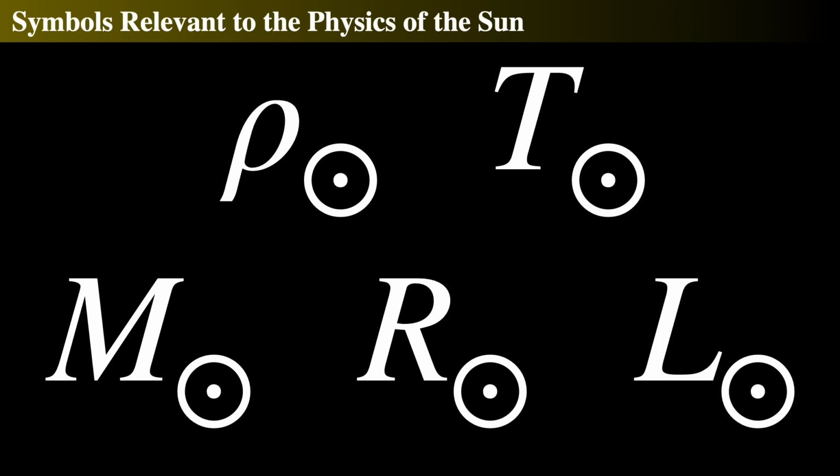So we typically measure things in terms of solar masses. So the capital M sub sun is incredibly important. The radius of the sun, R sub sun, provides a fiducial value for a characteristic size of stars.